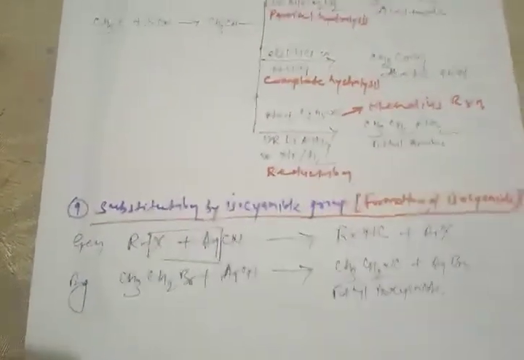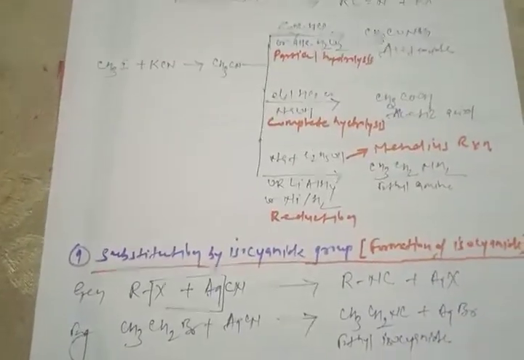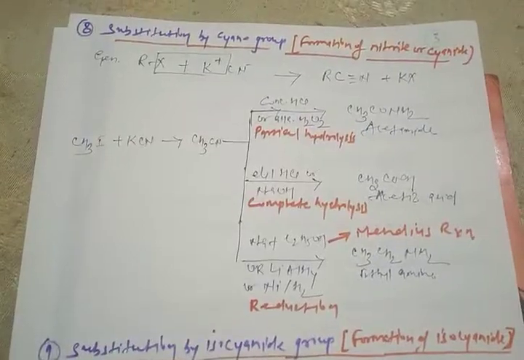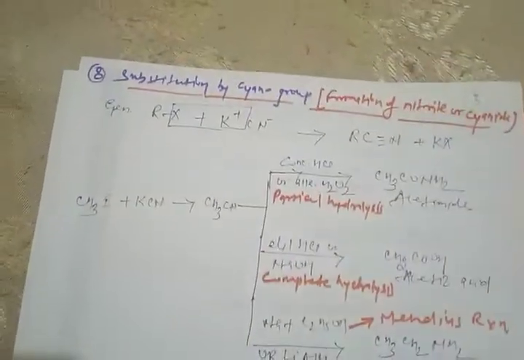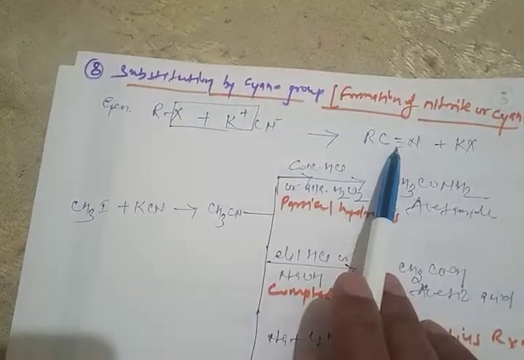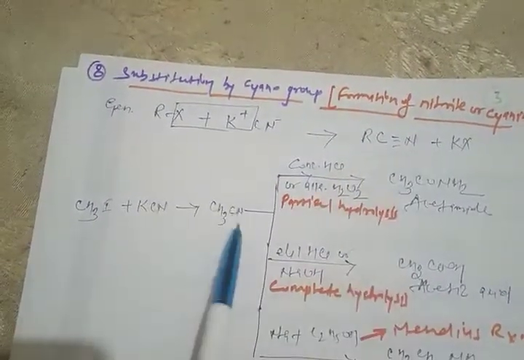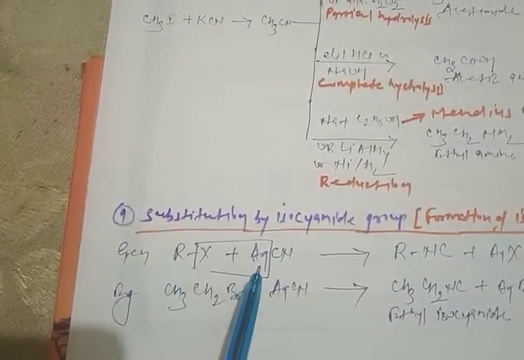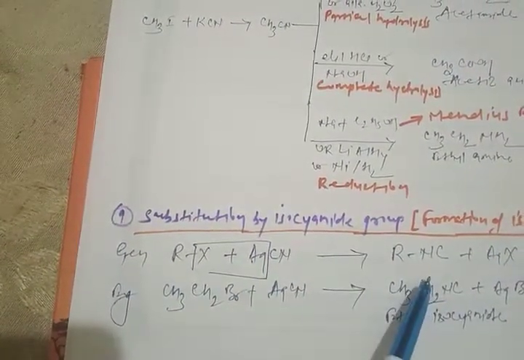Now, why I'm saying that it is very important: just look at this product with potassium cyanide. The product is cyanide, methyl cyanide. But with silver cyanide, this is isocyanide.